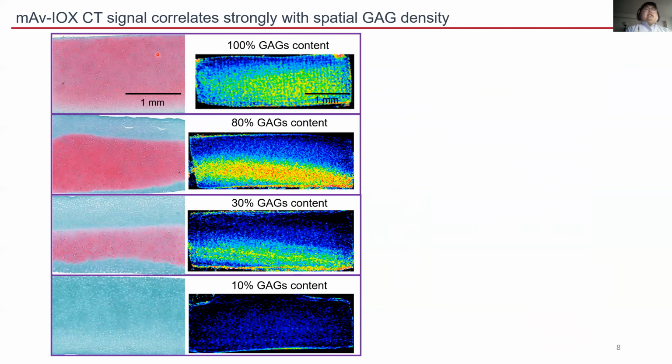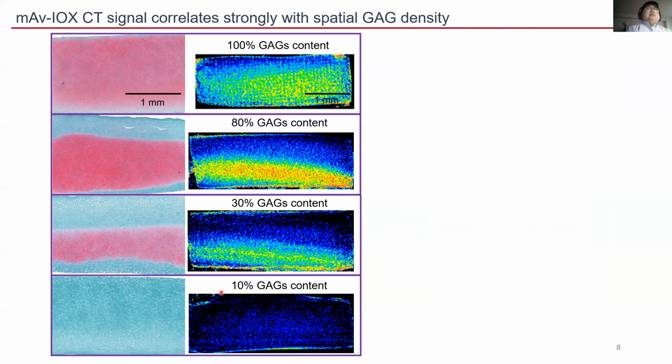Here, we CT image cartilage samples with varying amounts of GAG contents with multi-arm iodine LX. The first column shows Safranin O staining, showing the spatial distribution of the GAG inside the cartilage explant following the treatment with chondroitinase.